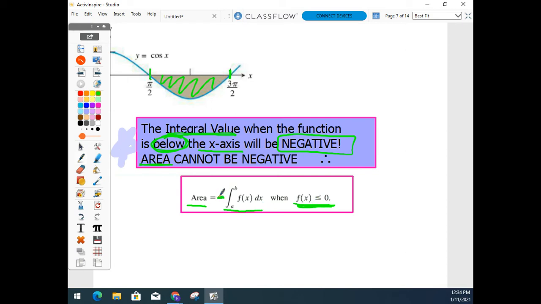We have to do the opposite of the integral value to find the area. Because if this is negative, we just need to make it positive to find the area. So we're going to be going back and forth between area and integrals. We can help find the area by using integrals, and we can find integrals using area.